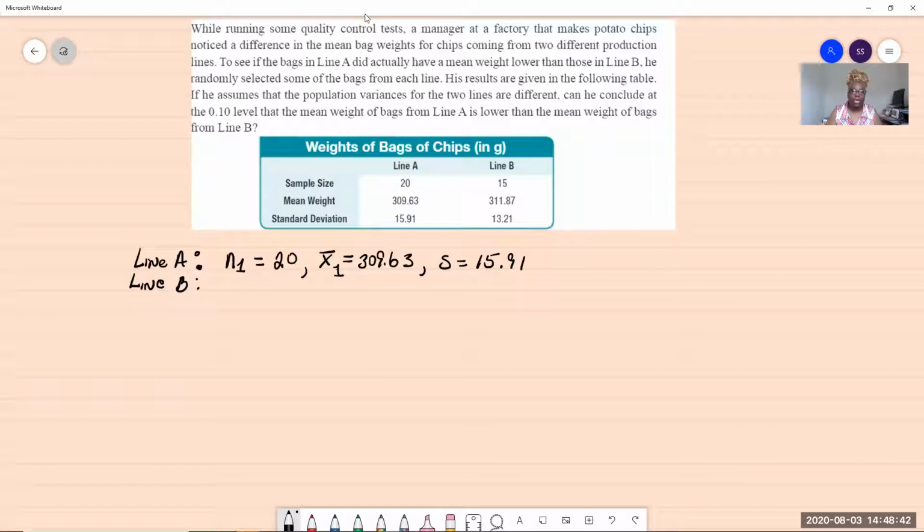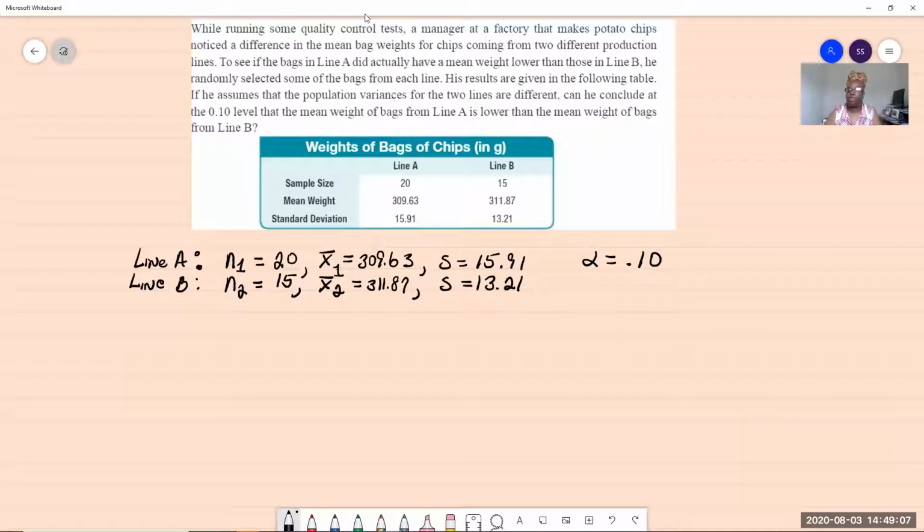Okay. Then we have line B. Line B, you have N2, and we're going to have the same thing, N2 meaning our second line. And then our standard deviation of the second line is 13.21. As I always say, if you can't find the answer here, then you can't find the answer because you have everything that you need.